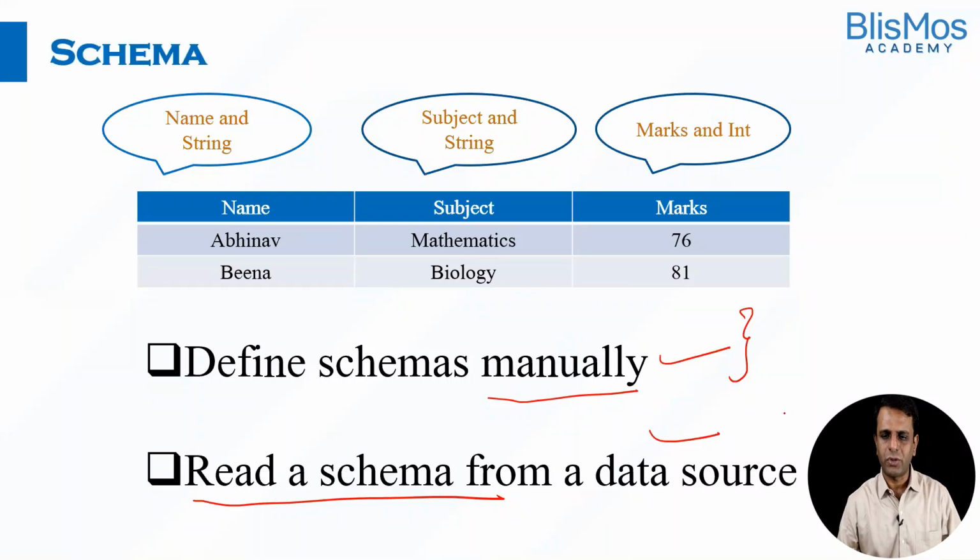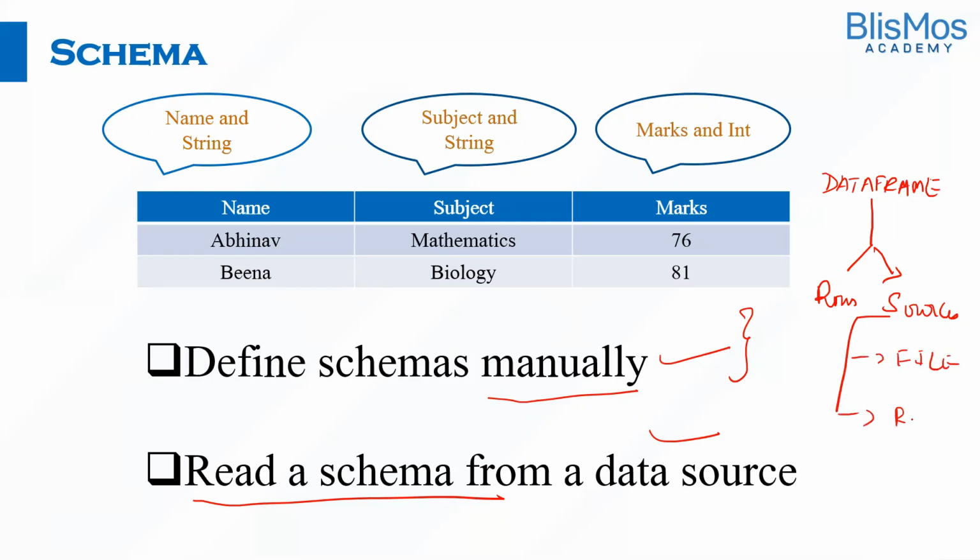When you come to the data sources, assuming that you want to create a data frame, you can create the data frame as we have already seen from the rows, or we can create a data frame from the sources. Sources can be a file or RDBMS databases also. When you want to create a schema, you can have it created while reading the data from the sources, right? So these are the 2 ways of creating the schema.